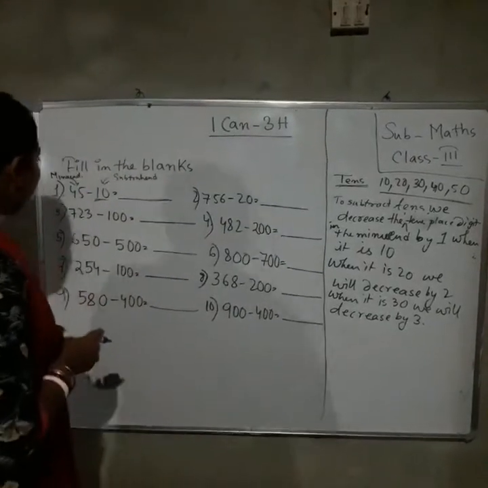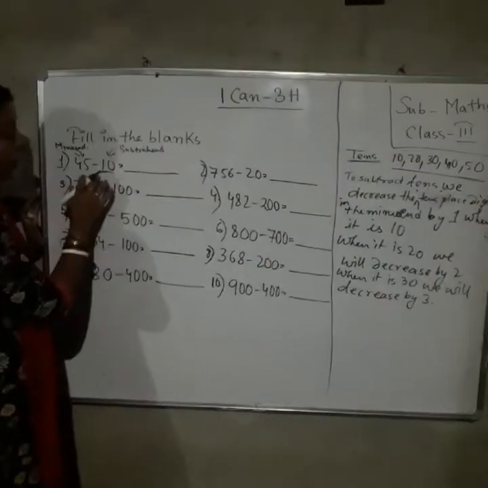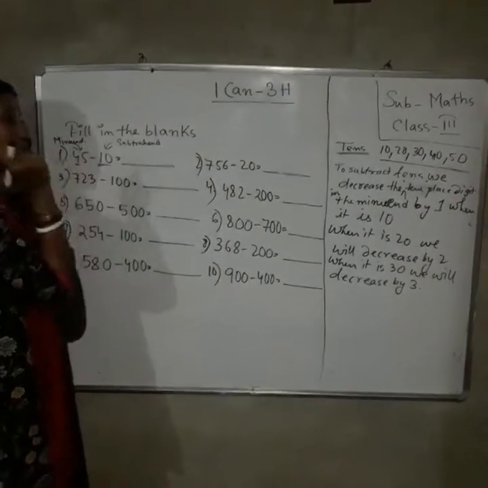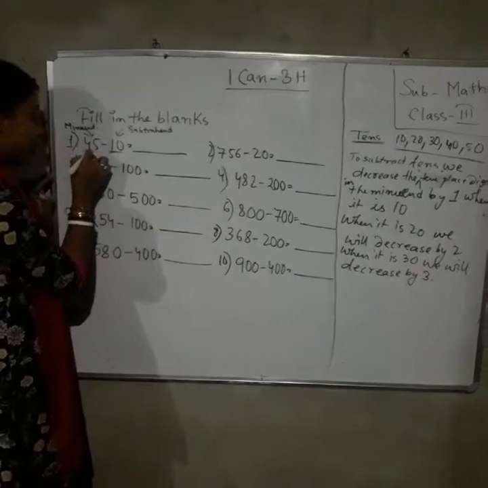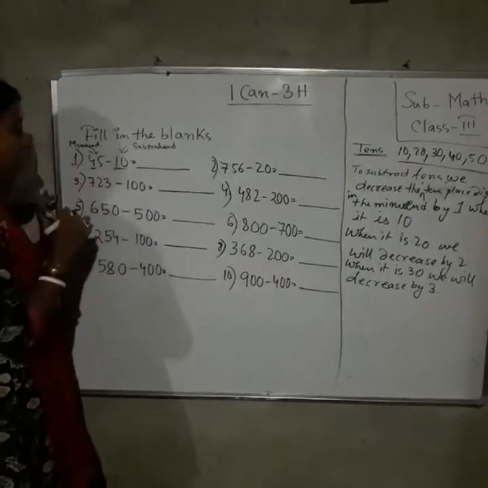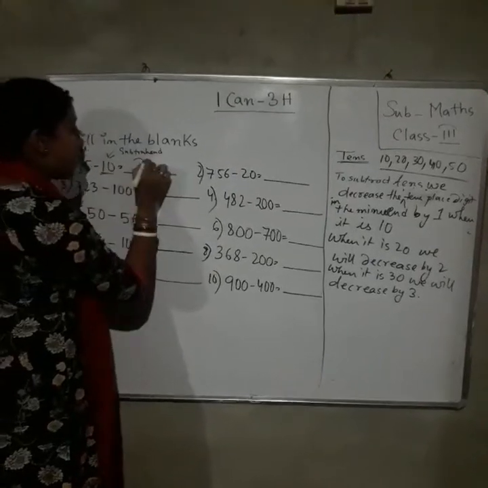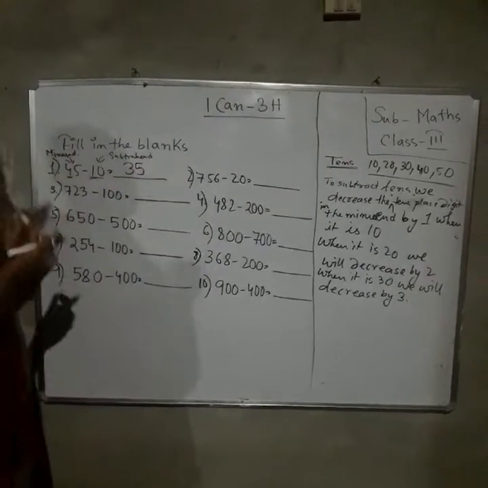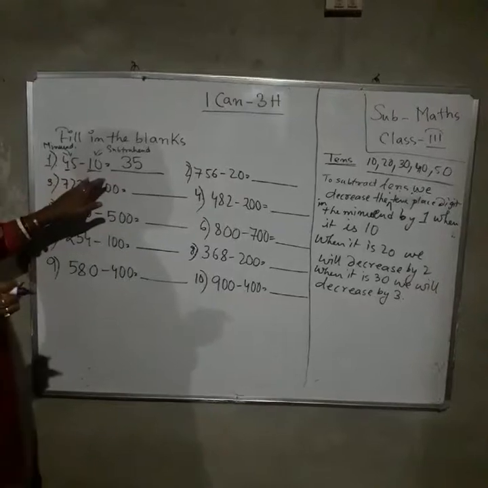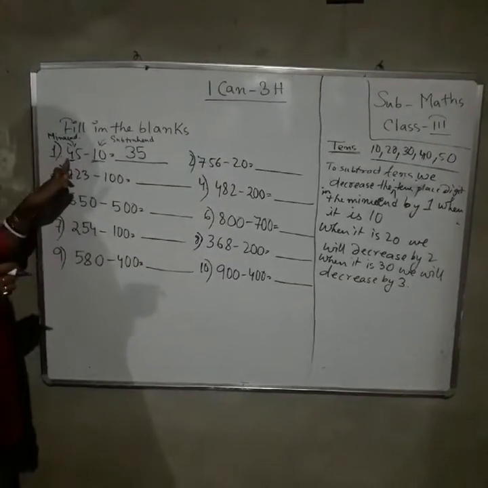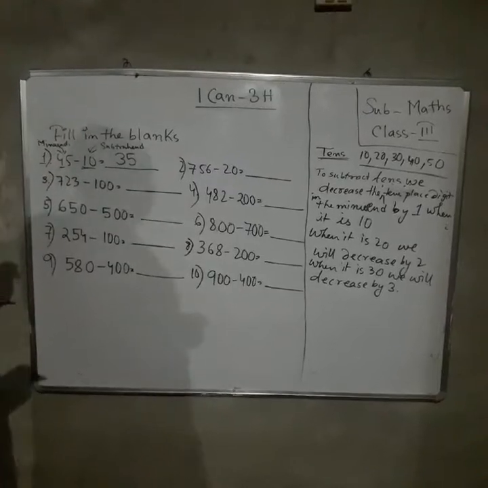So you see here, 45 minus 10. It is 10, so we will decrease by 1 the tens place digit in the minuend. So 4 minus 1 is 3, and the 5 will be the same.